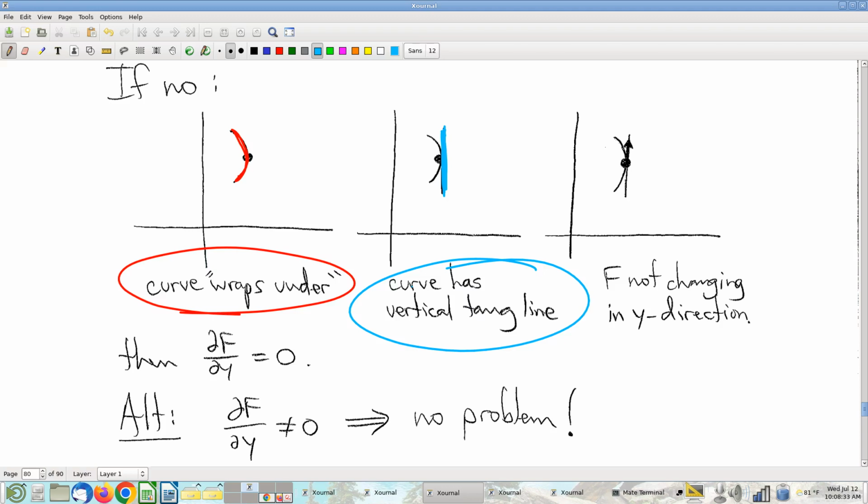And that means, now keep in mind, this curve that we're interested in has an equation that we've written down. That curve has the equation f equals 0.